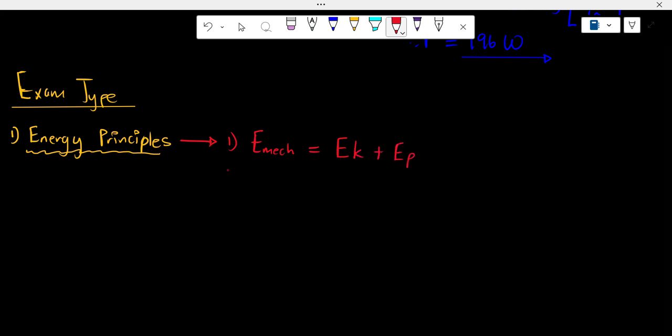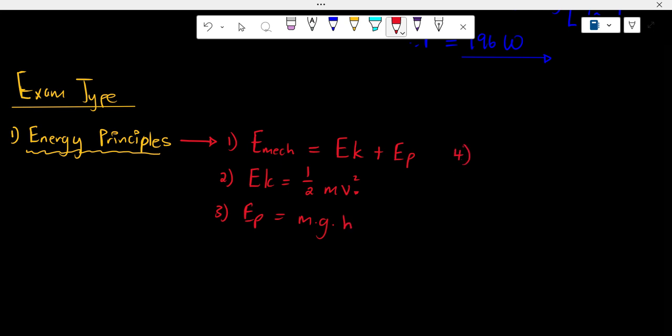Mechanical energy is equivalent to the sum of the potential and the kinetic energy. The second one would then be the kinetic energy. This is equivalent to 1 over 2 m v squared. And then the third one would be your potential energy, which is the mass times the gravity times the value of g times h.